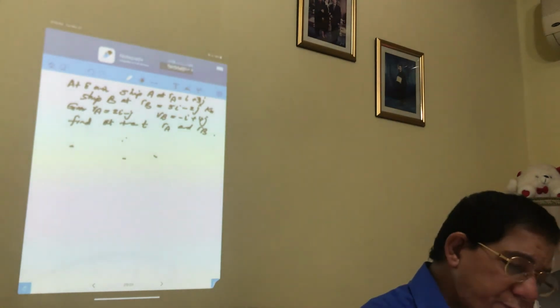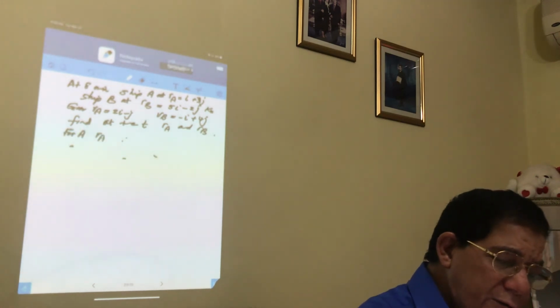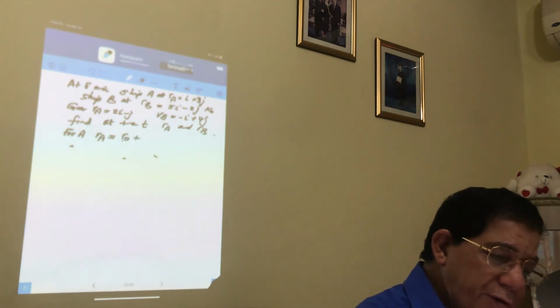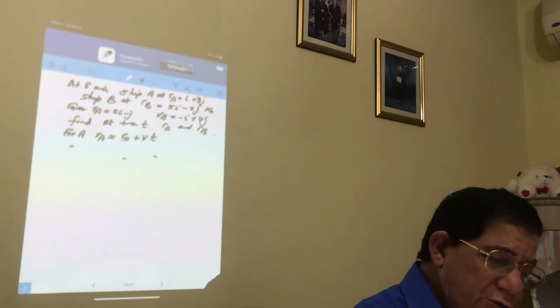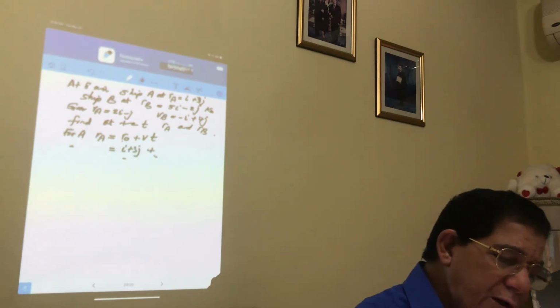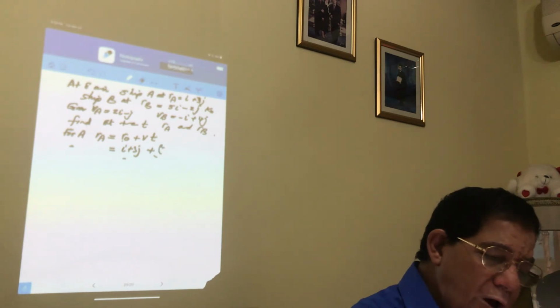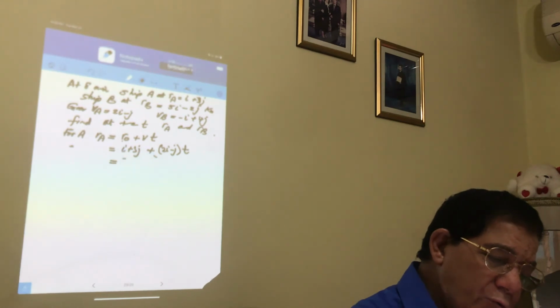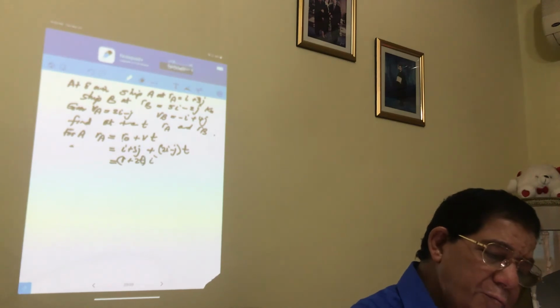For A, RA equal R0 plus vt. R0 for A is i plus 3j, plus the velocity VA, which is given as 2i minus j, times t. Therefore we get (1 plus 2t)i plus (3 minus t)j.